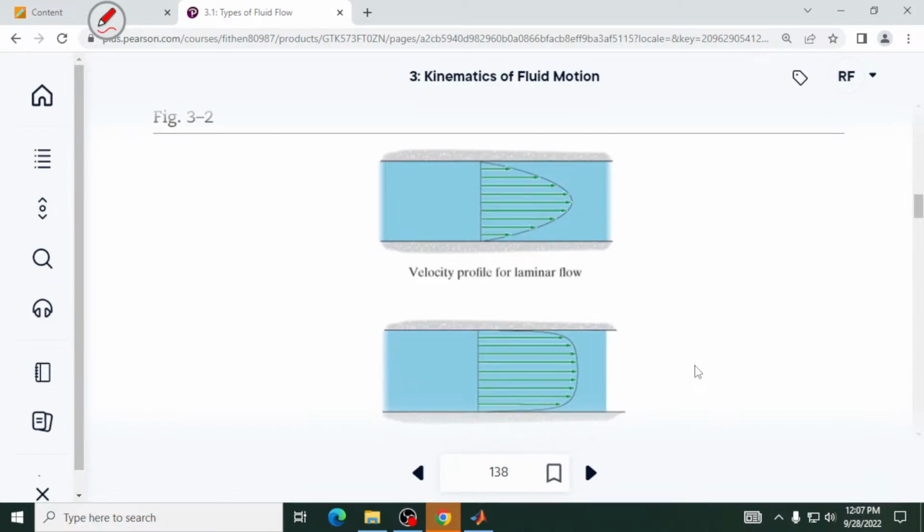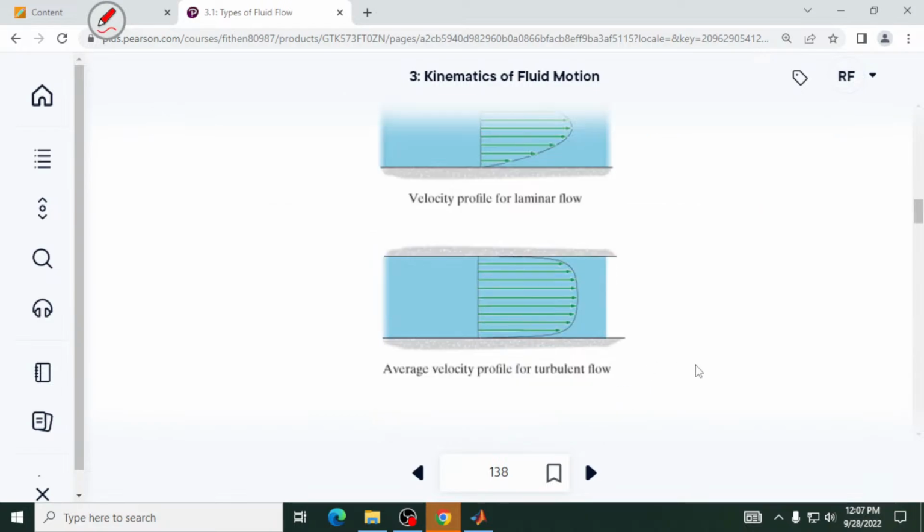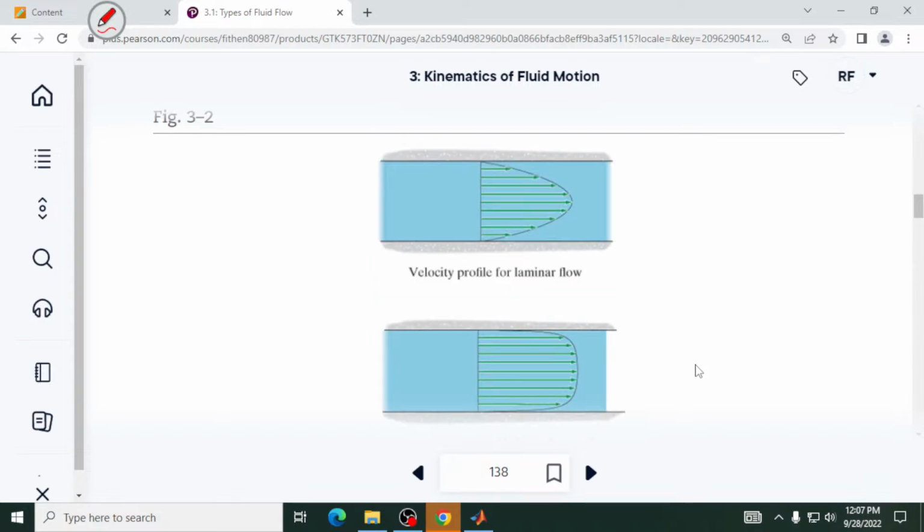With this, what you see is profiles for laminar and turbulent flow in between two plates or inside of a pipe. What you find is very organized. Here what happens is a particle may be moving here and jump into a slower lane, so to speak.